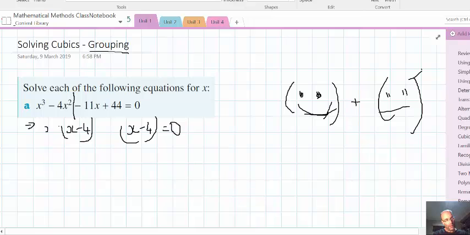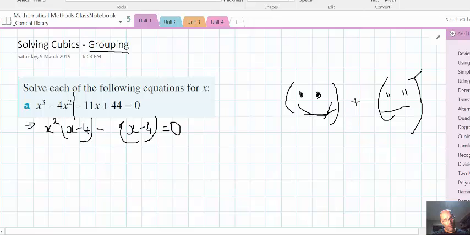Well, what about x squared? That makes the first term work. x squared times x is x cubed, and x squared times negative 4 is minus 4x squared, so that works there. Can we get something out the front here?